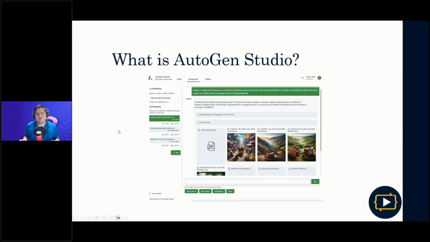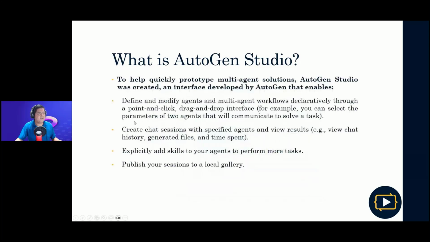But to avoid all this stuff of writing Python code, the team behind AutoGen created AutoGen Studio, which is the UI that you can see on the screen. This tool was created to help quickly prototype multi-agent solutions.